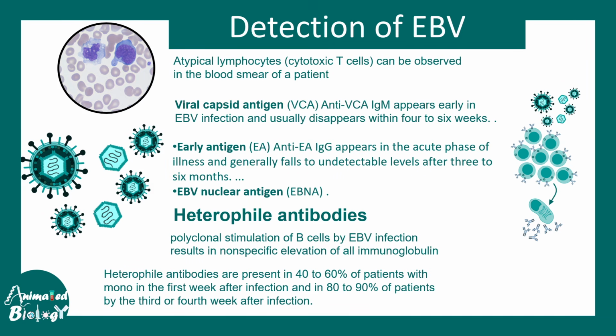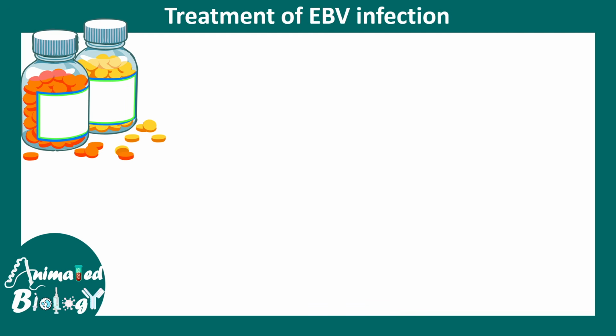But at any point of time, any of these viral antigens and antiviral antibodies can be detected using ELISA-based assays. Any virus, including COVID, can be identified by its proper signatures using quantitative real-time PCR. Let's talk about the treatment options for EBV.